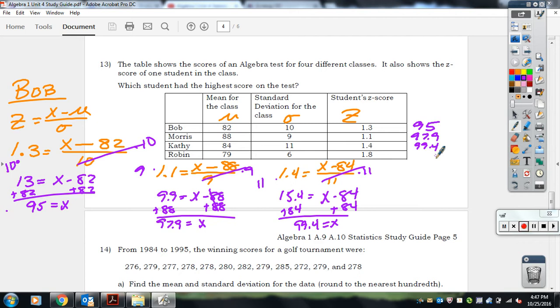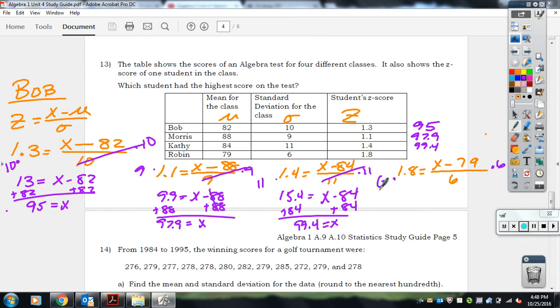I find it unlikely that Robin is going to be much higher than this because she starts with a very low number. The standard deviation is 6, which is the lowest one. The highest z-score, however, in terms of actual score, I don't think this is going to be enough to get past the 99. But we'll do it anyway. 1.8 equals x minus the average, which is 79, all over 6.